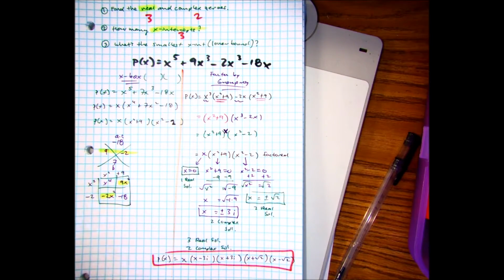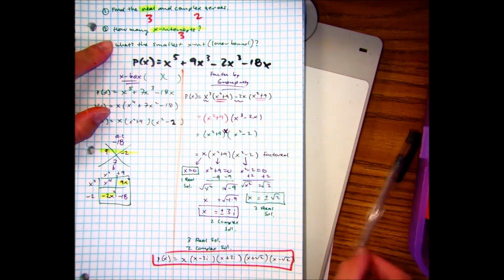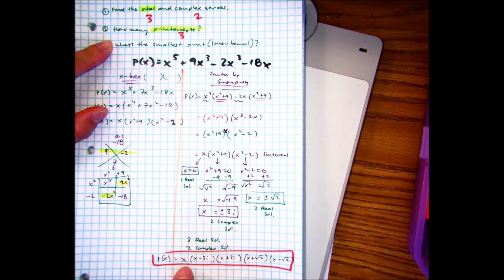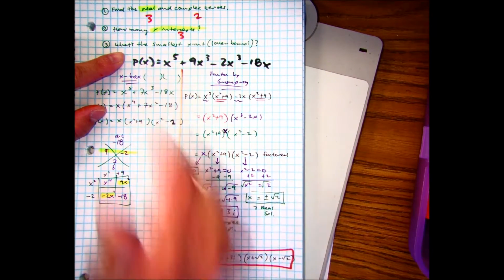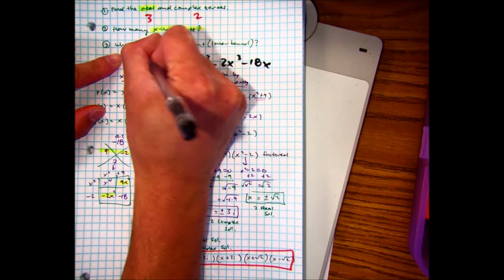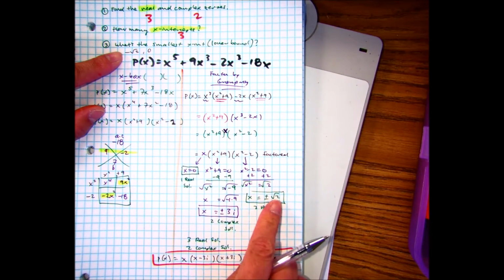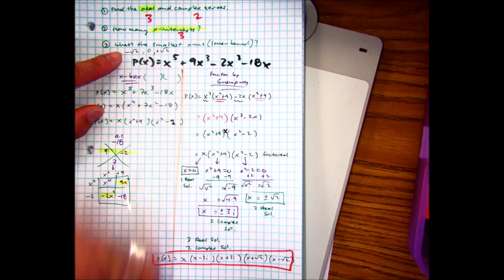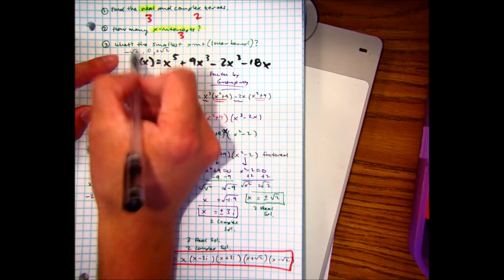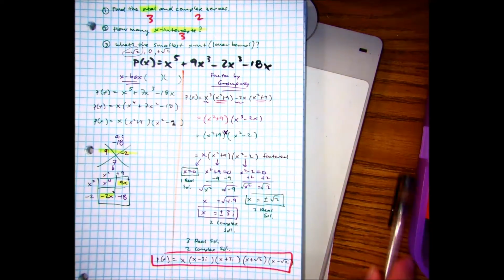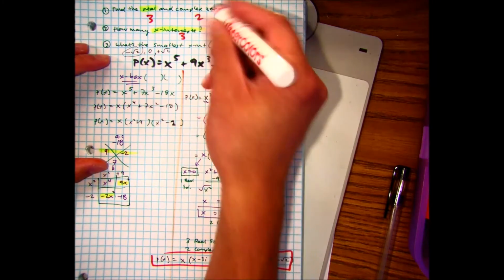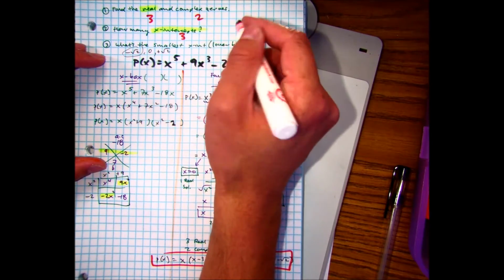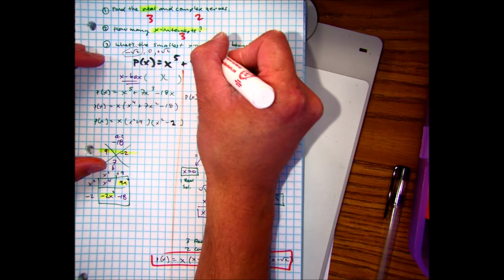Okay, when it says what is the smallest x-intercept? My numbers are negative radical 2, 0, I'm writing from least to greatest, 0, and positive radical 2. Radical 2 is like 1.4, so negative 1.4 is my smallest. And your book calls this the lower bound of my x-intercepts.